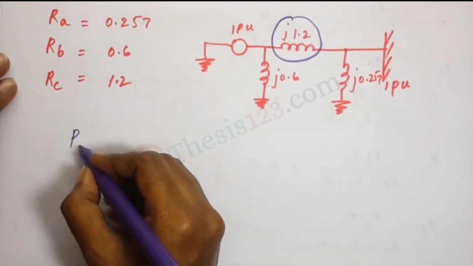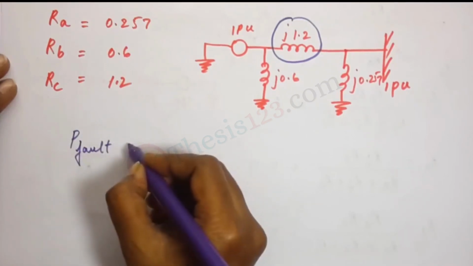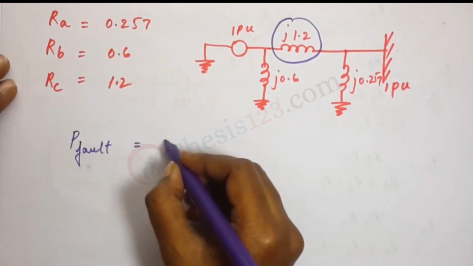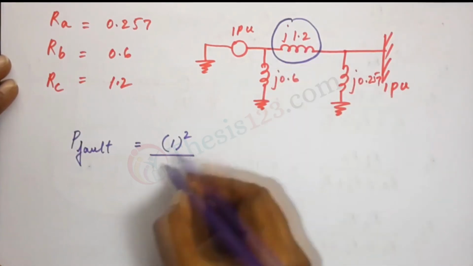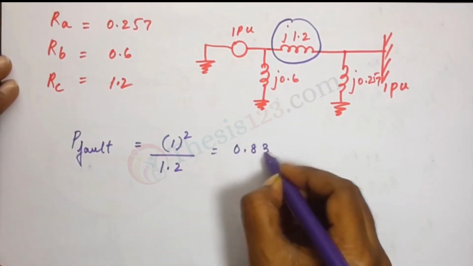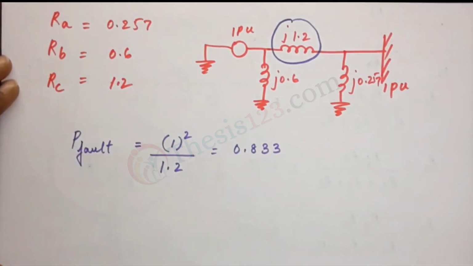So the power at faulted condition would be equal to V square, that's 1 square divided by 1.2, and that results in 0.833. Now we can find out what the value of the ratio is.